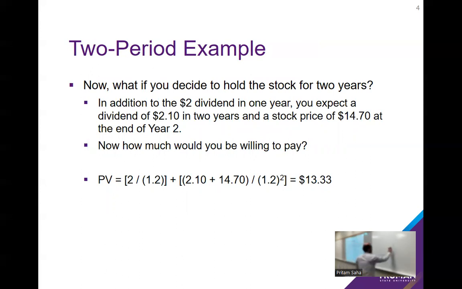So that means 2.1 and 14.7, right? So this will be discounted 1 year. So 2 will be discounted the same. It's 1.2, then 2.1 plus 14.7, over 1.2 to the power 2. Right?